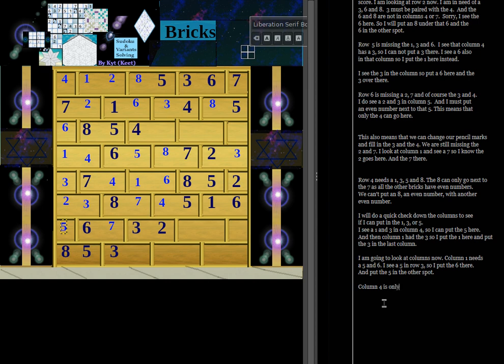Column 4 is only missing one number, the 2.